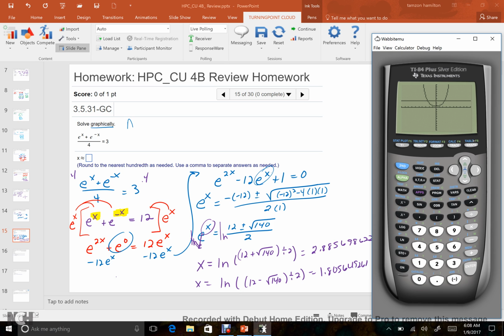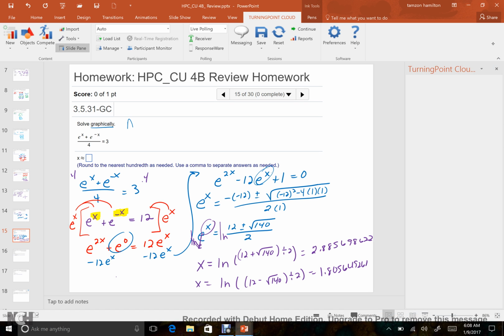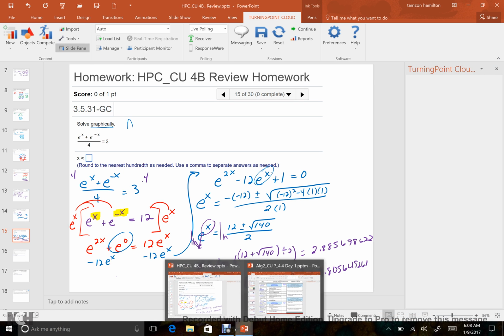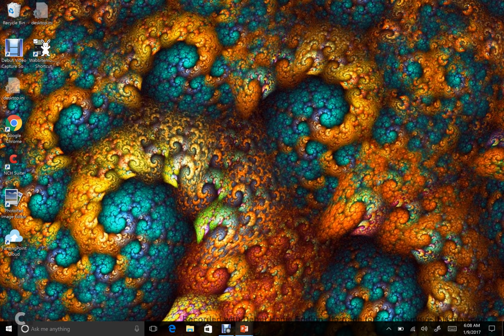and I calculate where they intersect, second calc, intersection, I'm going to get closer to this intersection point. Sorry, I hate it when I do that. Hold on, let me bring the calculator back up.